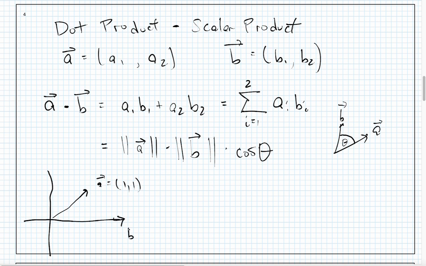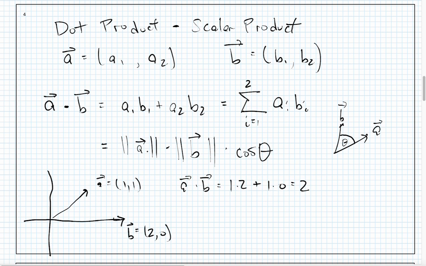And let's have B equal to 2, 0. Now, according to our first calculation here, A dot B is equal to A1 B1, so that'd be 1 times 2 plus 1 times 0, which is equal to 2.